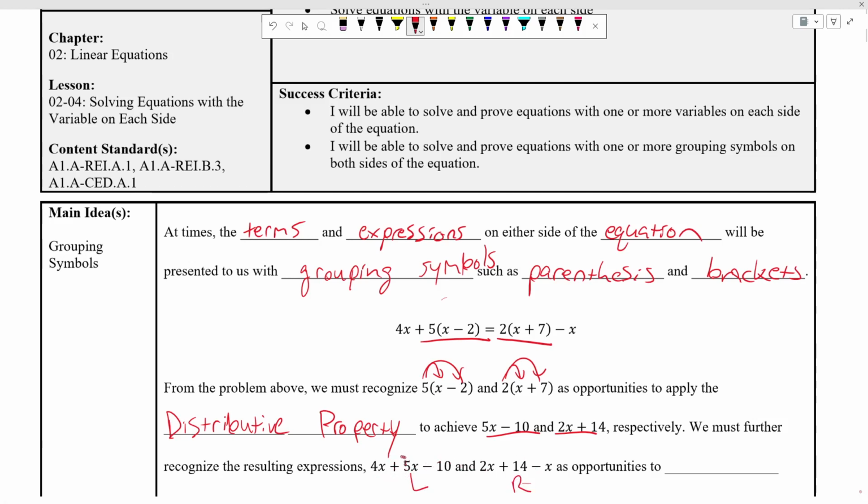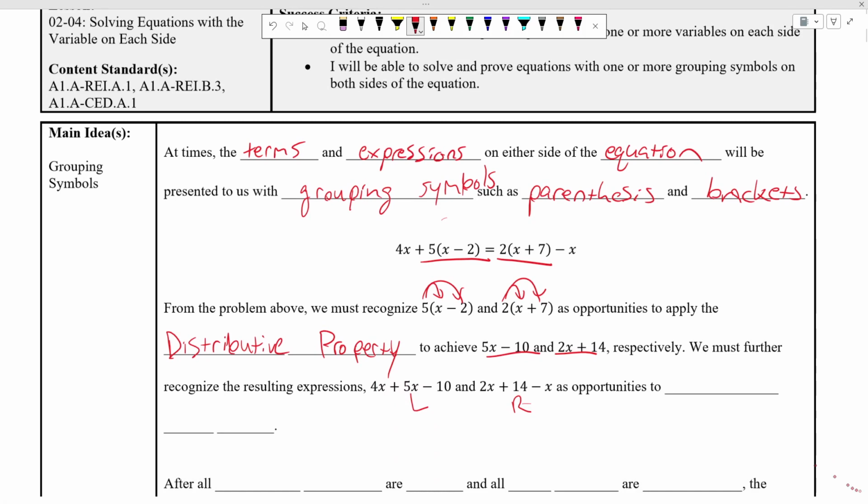So now I recognize that the left side of the equation has opportunities for us to simplify a little bit more. In fact, both the left and the right have opportunities for us to combine like terms on their particular side of the equation. So combine like terms. We've done this before, in this lesson and in previous lessons.